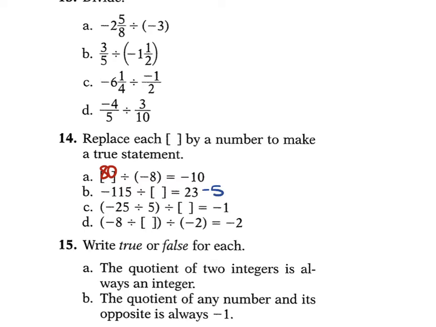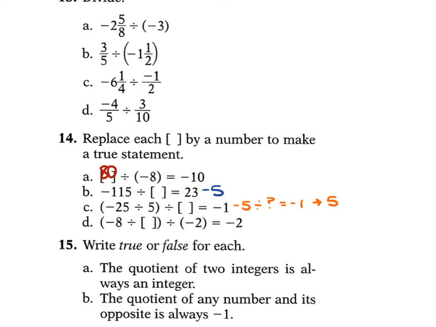For C, we have -25 divided by 5 divided by something is equal to -1. Well, the -25 divided by 5 is -5. If we divide that by something, we get -1. So if we divide the -5 by 5, we get -1.